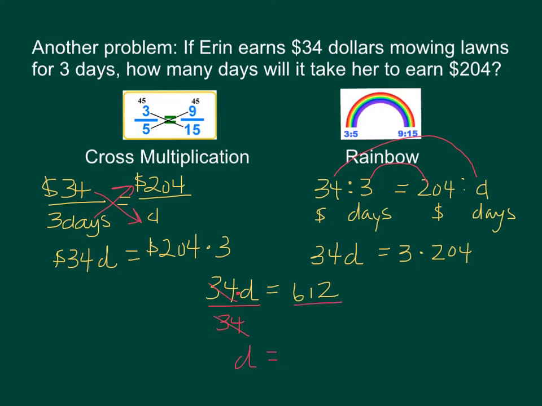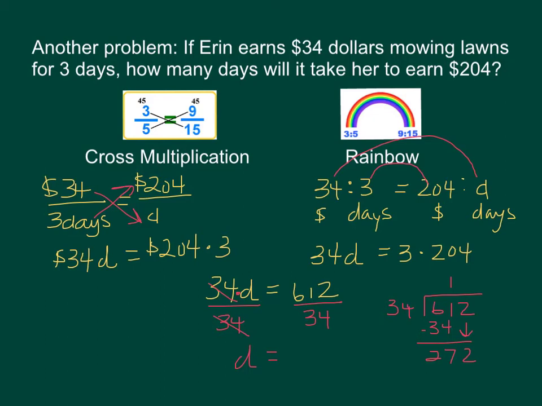Then I do 612 divided by 34. Well, I'm going to have to figure that out over here. 34 can go into 61 one time. When I subtract that, I'm going to get 27, and I will bring down my 2. So now I'm going to think 34 into 272.